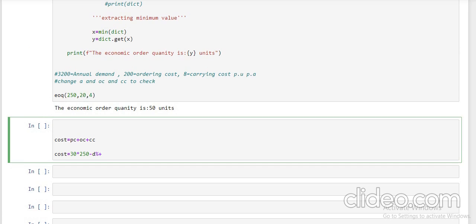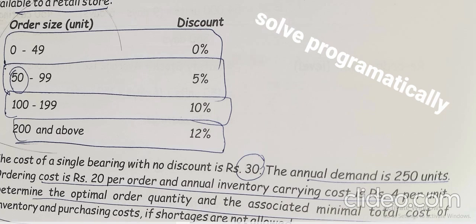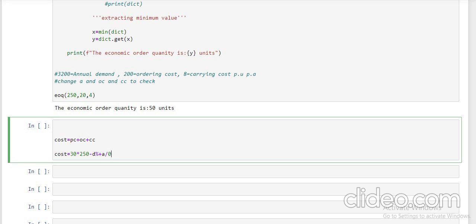Plus ordering cost. Ordering cost depends upon the number of orders, so it will be our annual demand upon the size. If it's EOQ then EOQ, and if it's these other sizes then those. So let's assume O: A upon O, plus carrying cost. Carrying cost is 4 times the average inventory, so 4 times O by 2, right?